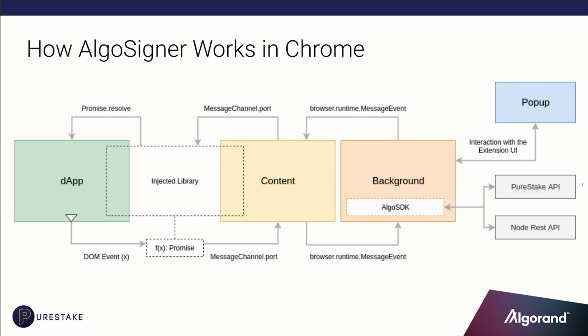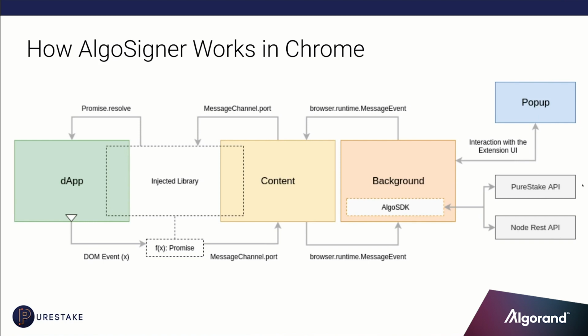So what we want to allow with AlgoSigner is for the web page to communicate with the extension, so it can do all sorts of things: connecting, querying the Algorand indexer, or making transactions for the user. To let the web page, the DApp, know that AlgoSigner is installed, we inject a library. That's the little rectangle pointed out there.